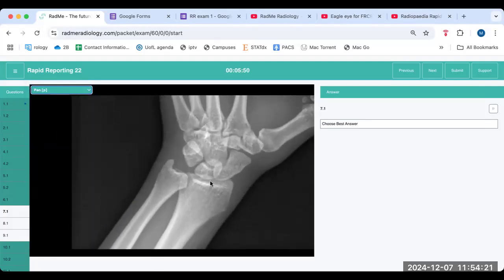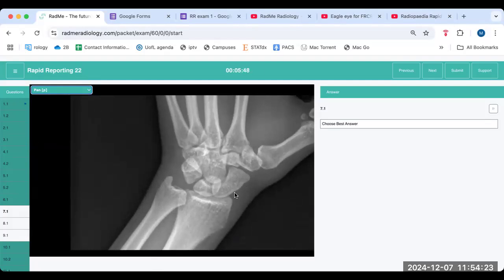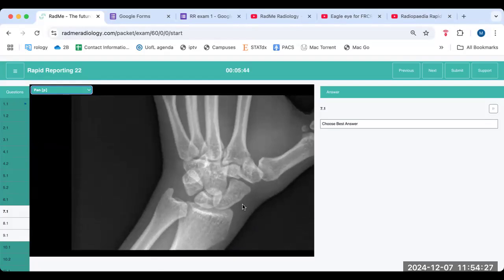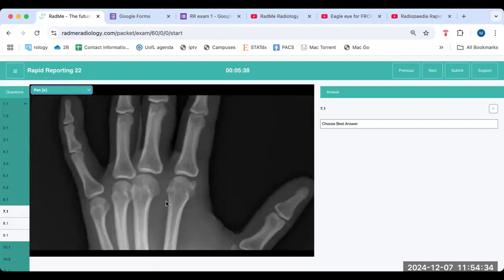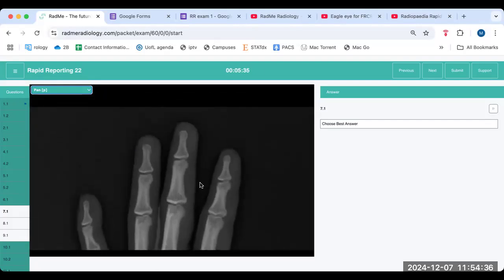See the scaphoid, you have a lot of different shapes of scaphoid. Train your eyes on them. And this zigzag line is very clear, black one, there is nothing. And the distal tufts, they are normal.